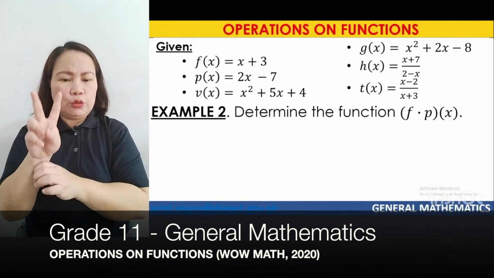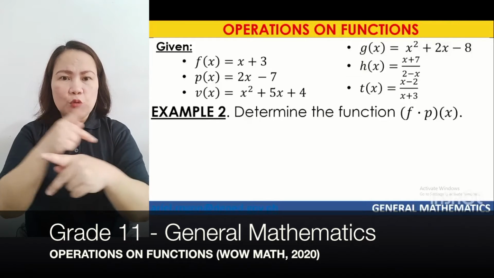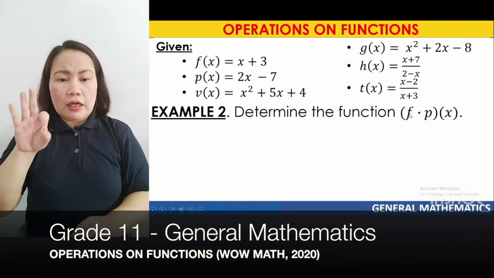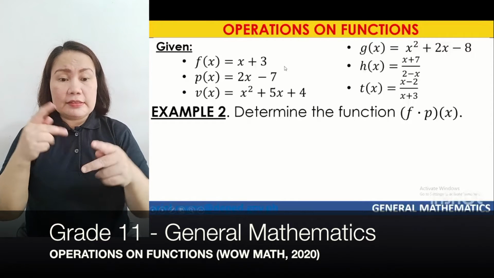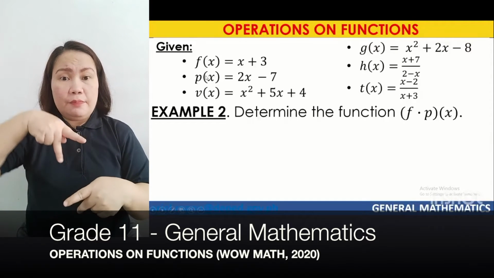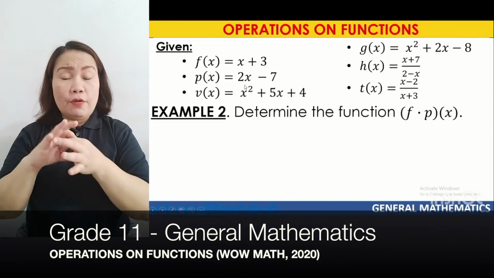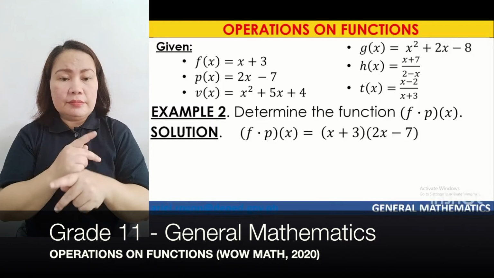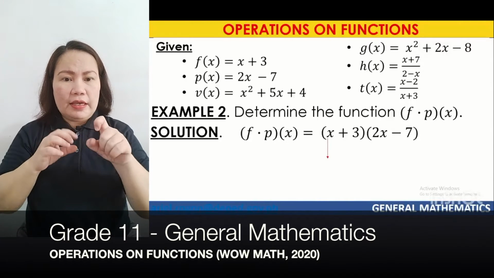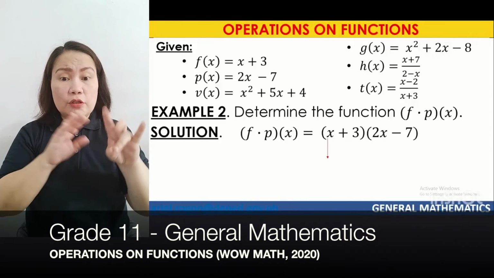Let's proceed for the next example. Multiplication. We need to multiply the given function f of x times p of x. So, ita-times natin si x plus 3 times 2x minus 7. So, ang sikat na sikat na ginagamit nyo dito is yung FOIL method.